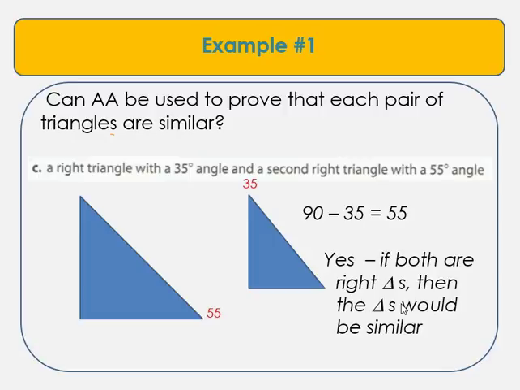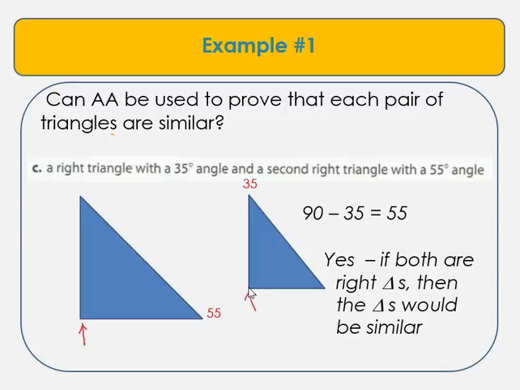And can we prove that a right triangle with a 35-degree angle and a second right triangle with a 55-degree angle is similar? So here are the two triangles. First of all, we know that both of these angles are right angles, so they are congruent. And we have an angle of 55 here.